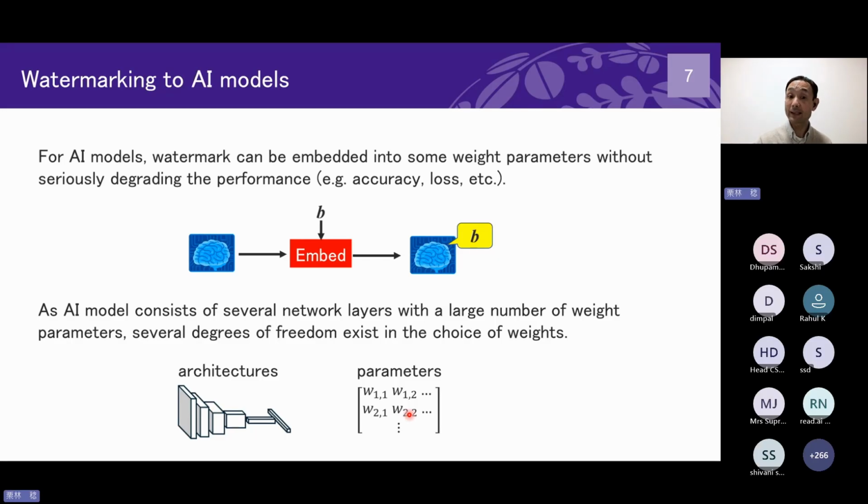And also, as you know, there is a very high level of freedom because the architecture is very complicated. Therefore, we can easily modify the architecture slightly. And also there are a huge number of parameters. It is possible to slightly modify the parameters according to the watermark information.